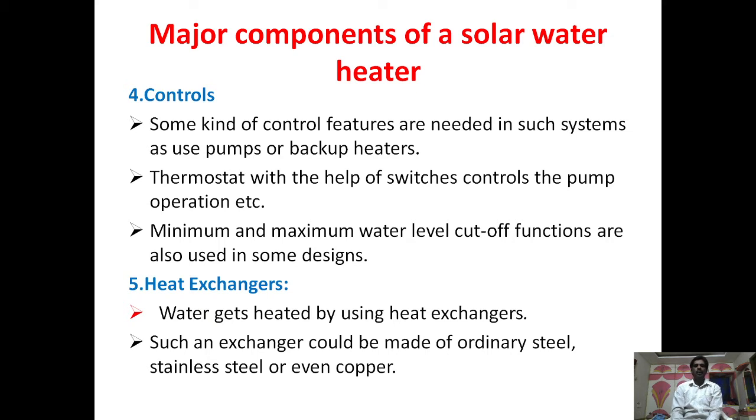The pump operation can be controlled using thermostats with the help of switches, and automatic control of the water level, that means minimum or maximum water level cutoff functions, can also be used in these designs.